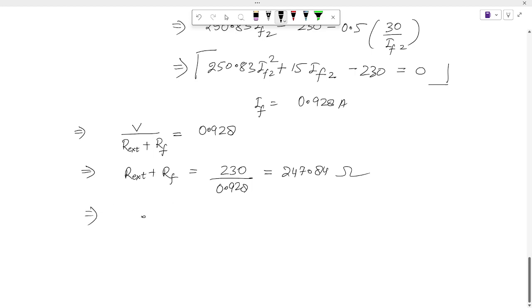So R external, which is to be added in the circuit, will become 247.84 minus 230, that is 17.84.